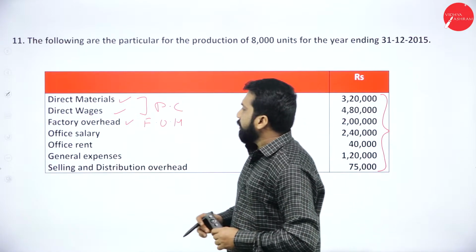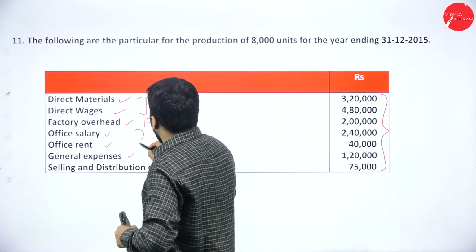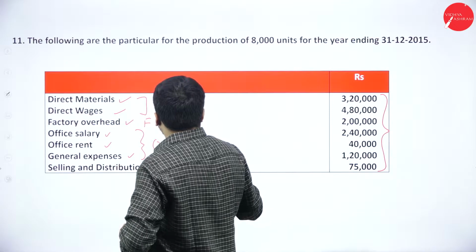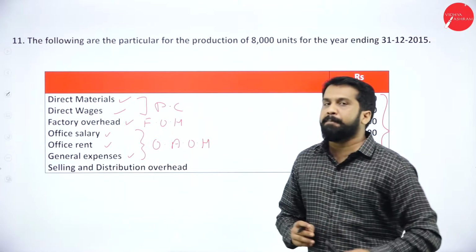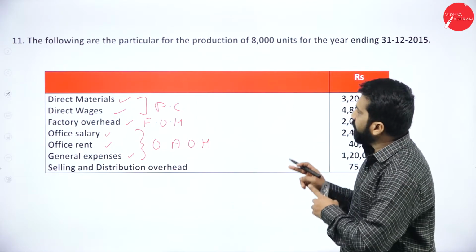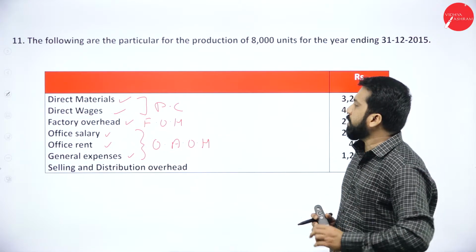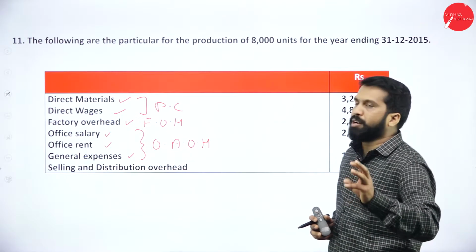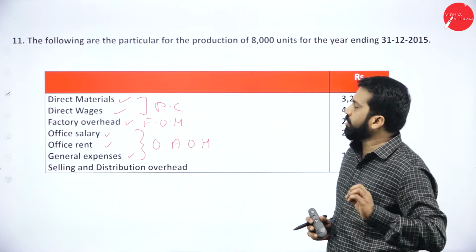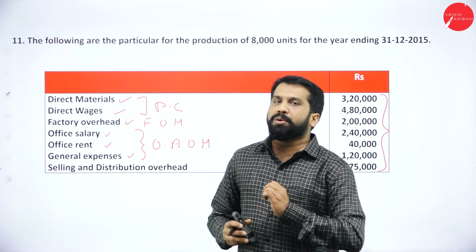Next will be office salary, office rent, general expenses. All three come under office and administration overhead. So we're done with these things. Direct material and direct wages is your prime cost. Factory overhead is your factory overhead itself. Office salary, rent, general expenditure come under office and administration overhead.